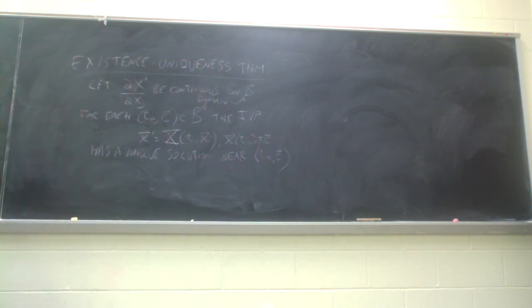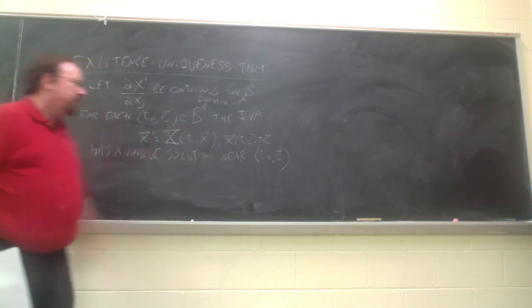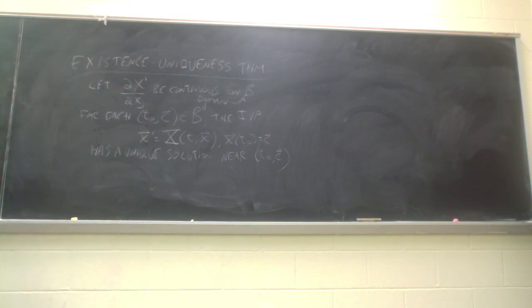Okay. So there actually is a global uniqueness result that's proved in a later section. I'm not going to get into that today. We're just going to show that at least in a neighborhood of this point, if it's close enough to it, the solution really is unique.